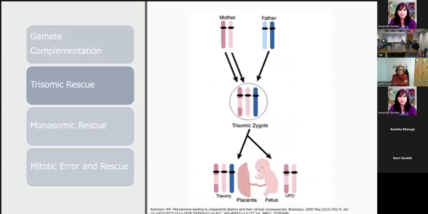The next mechanism that you'll hear of is trisomic rescue or correction. And it is actually the most common cause of uniparental disomy. The cause of trisomy is a typical meiotic non-disjunction event that happens in one of the two conceiving gametes. The rescue process then takes place in the cell of the trisomic conceptus.